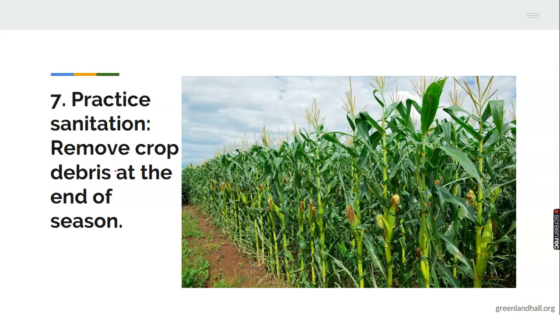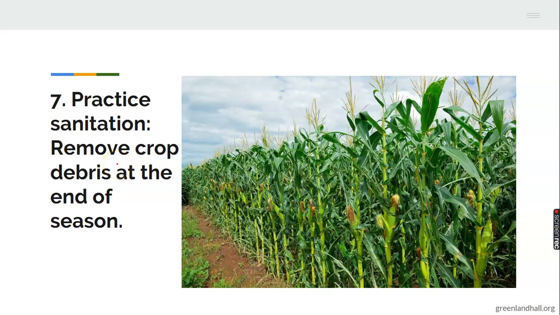Then you must practice sanitation. Well, you know what sanitation means, cleaning the environment. You must remove crop debris at the end of season. And debris refers to all the waste. Like now, look at these maize stalks. You see the maize on the stalk.